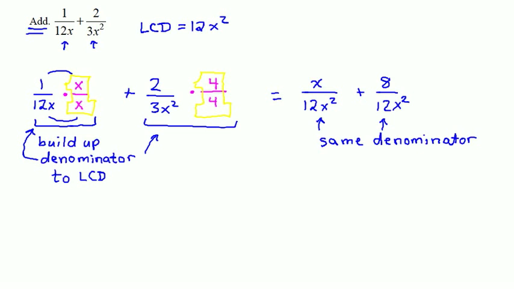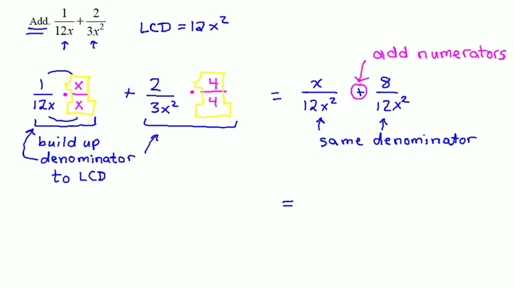That means that we are ready to now perform this operation, which is addition. So this tells me I am going to add the numerators. And we want to be sure that we're really paying attention to our rules for adding like terms. x and 8 are not like terms, so when I combine these and I add those, I'm not going to actually get to combine them into a single term.